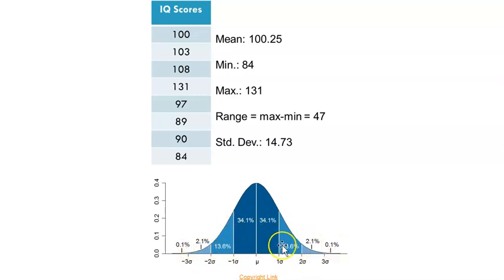And what these percentages mean is that's always going to be the percent chance that someone's score will fall within this number. So the majority of scores of any distribution will fall within 1 standard deviation of the mean. So you can see that's about 68.2% of scores will fall within this dark blue section.